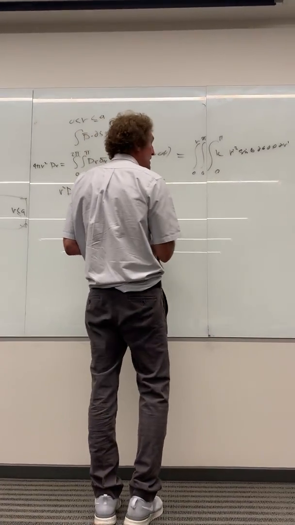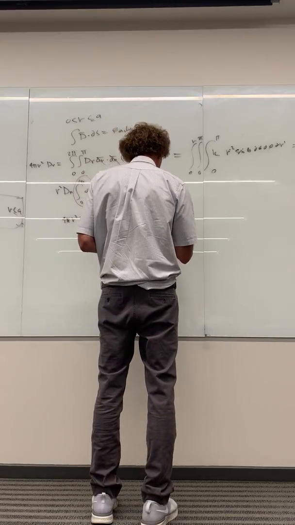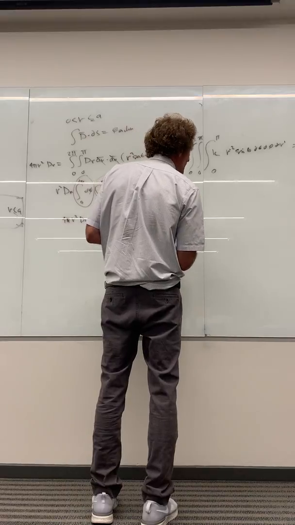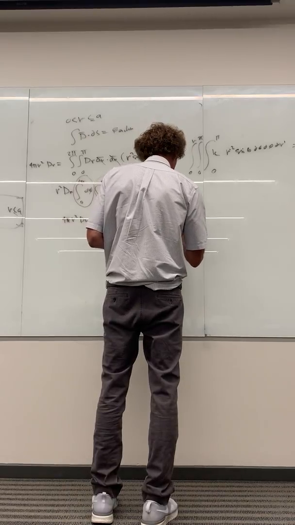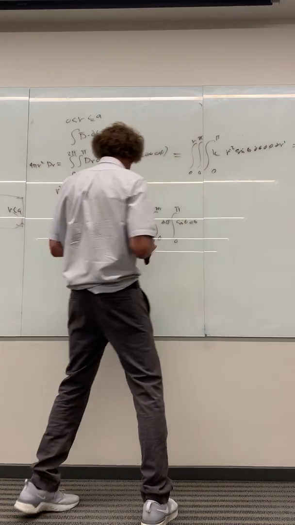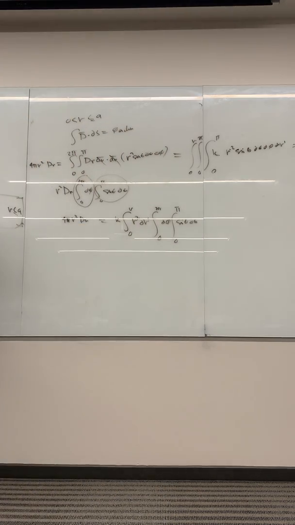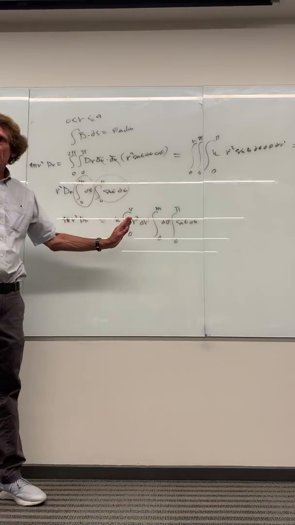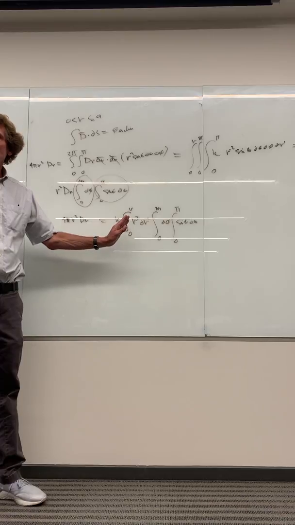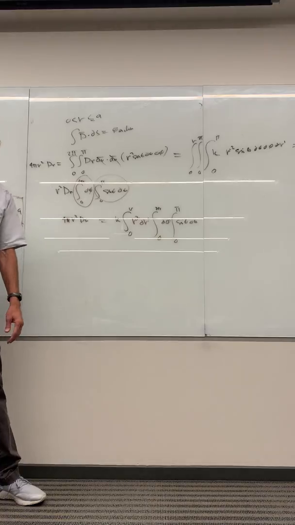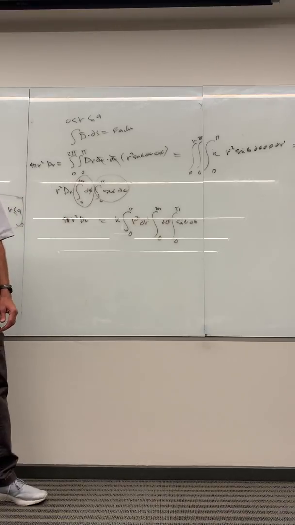I also have an integration of d phi from 0 to 2 pi, and an integration of sine theta d theta from 0 to pi. I don't know if you do this, but when I do integrations that are functions of 3 different things, I try to break up the integral into its respective parts, things that just depend on the angle or the differential I'm going to integrate over.